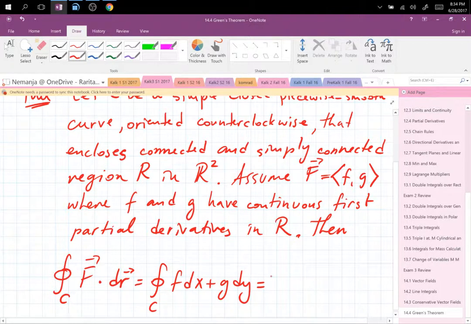You are hopefully remembering circulation from last class, which is equal to the double integral over the region R, the one that was enclosed, of dG/dx minus dF/dy dA.